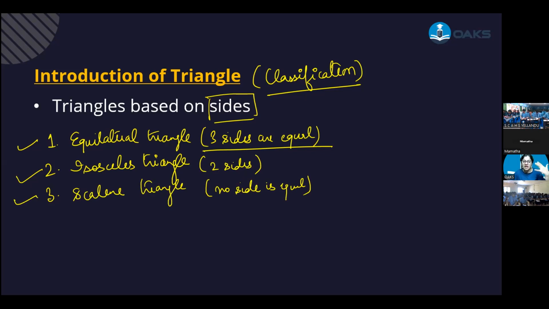Where three sides are equal, what is the name? Where two sides are equal, what is the name? Where no side is equal, what is the name? So these are the three types of triangles based on sides.